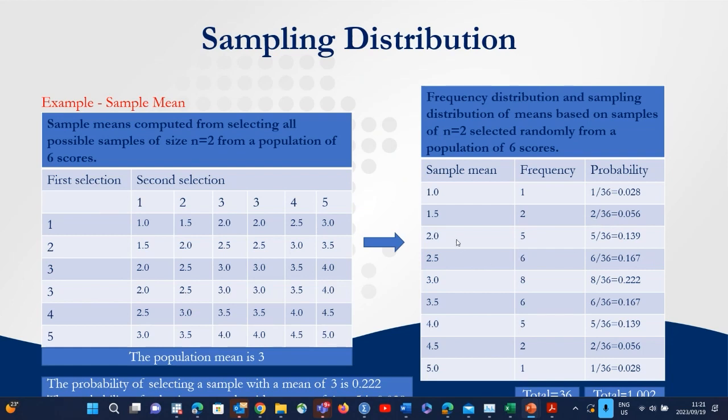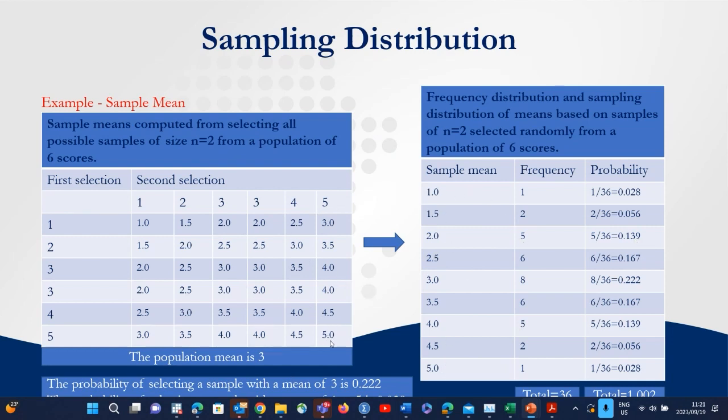What is the probability that the 2 scores I sample give me an average of 2? Then I have 5 cases where the average was 2. So you can compute the probability for all of them.